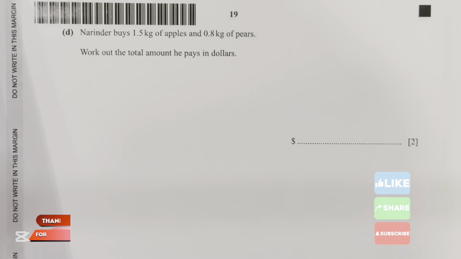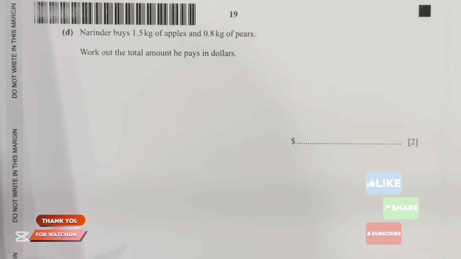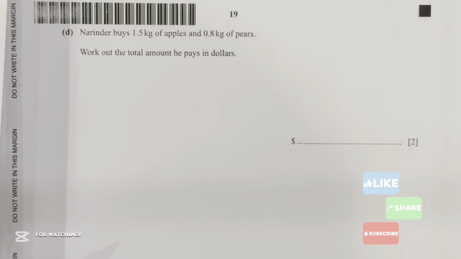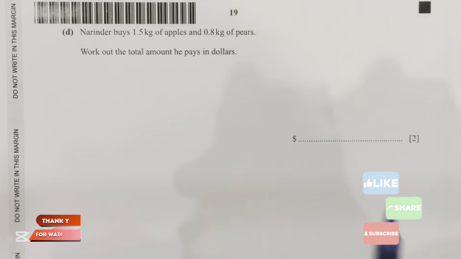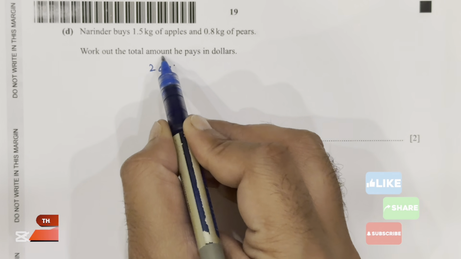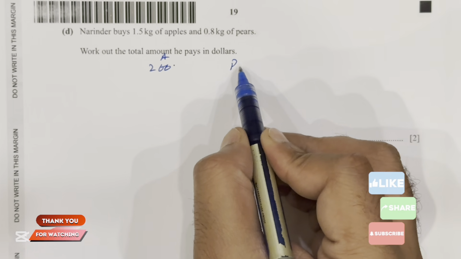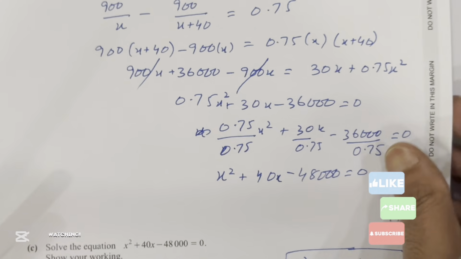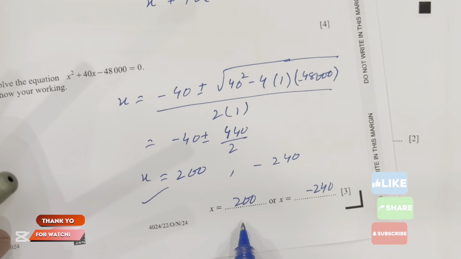Okay, last part is Narinder buys 1.5 kg of apples and 0.8 kg of pears. Work out the total amount he pays in dollars. We know that 200 cents is for apple. How 200? We have calculated the value of x. We cannot use the negative value.